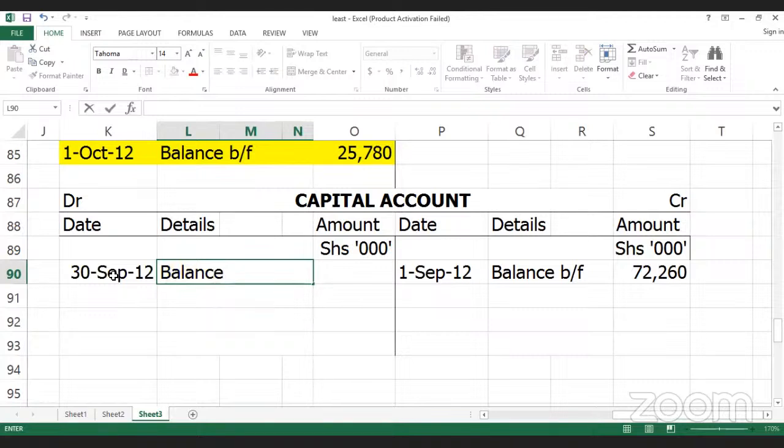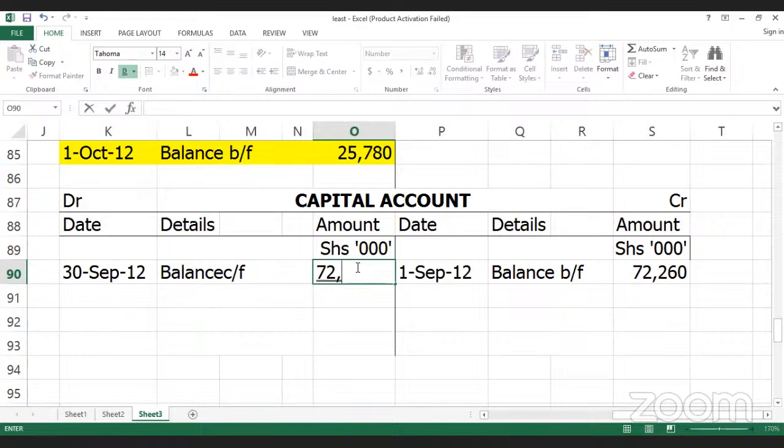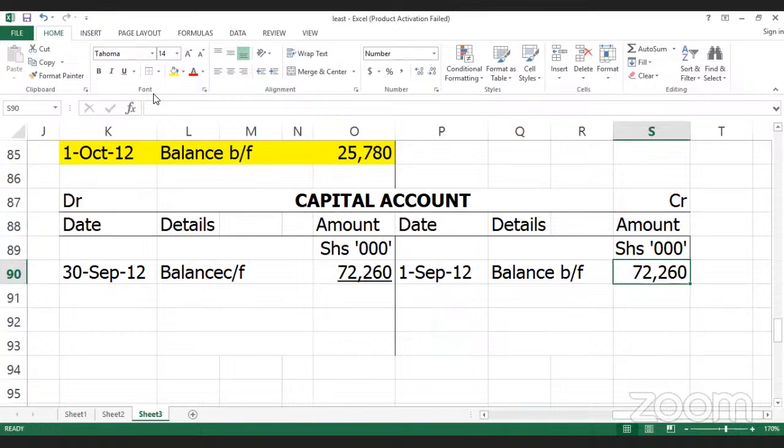Balance carried forward, that is 750 to 60.